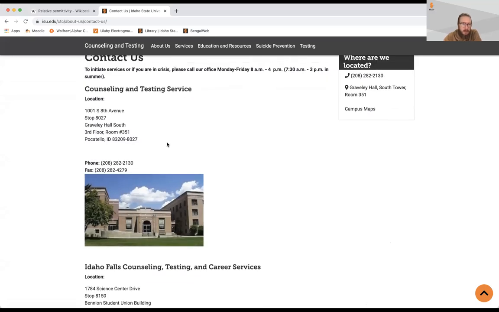If you're taking the test in Pocatello, which I think most of you are, at least 5 of you, you will go to this Gravely Hall. This building is quite close to the engineering building, and you'll go over to this door. Then you'll turn to the right and walk up these stairs. This says it's in room 351.